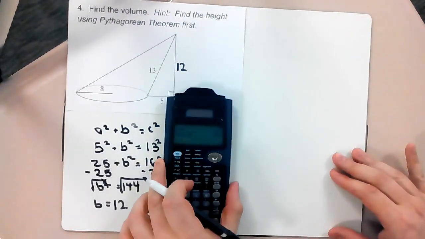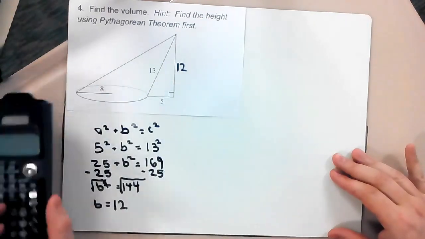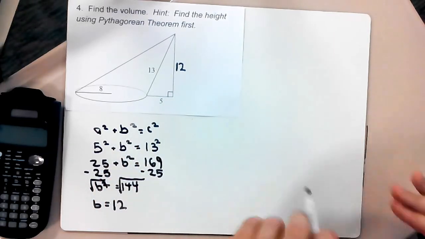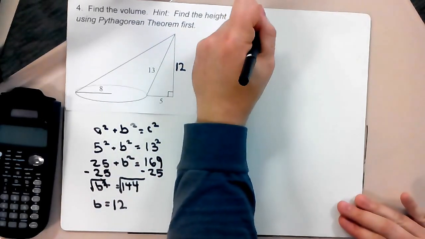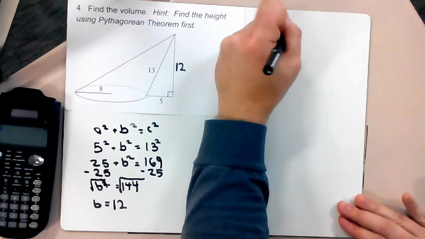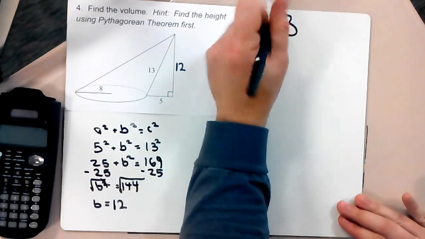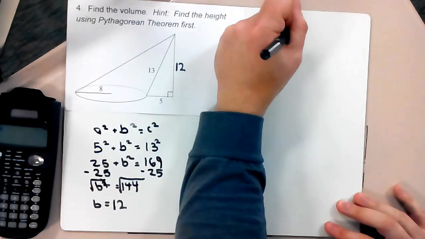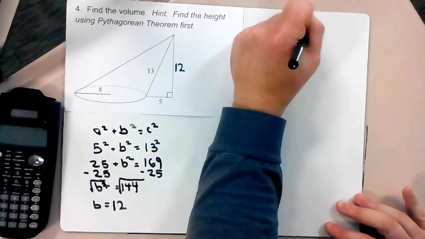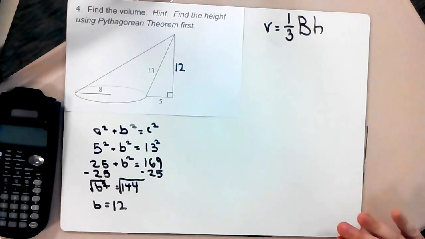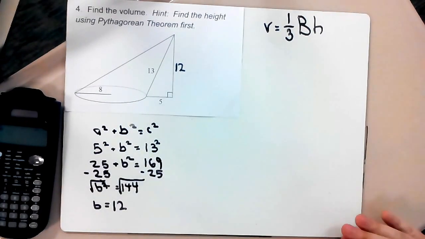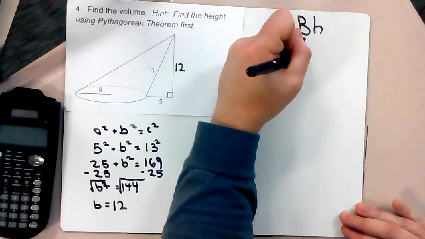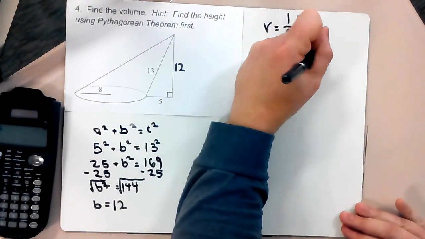Okay, now I need to find the volume of the cone. I can do that because I have the height. Knowing the formula for the volume of a cone, volume equals 1/3 big B times H. I have the height, and big B is the area of the base.